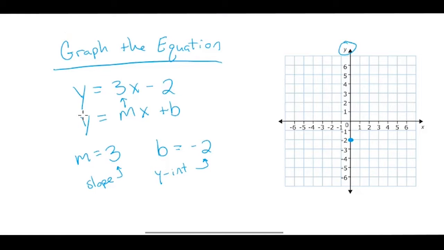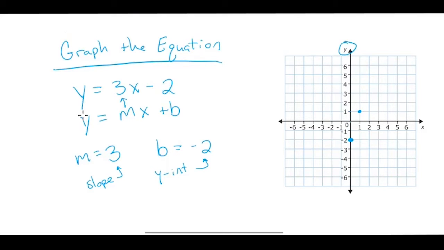Now I want to draw a slope of 3 from this point. Not from the middle, but from this point. So I will go up 3, 1, 2, 3, and to the right, 1. All right.